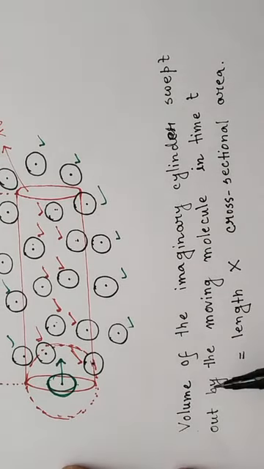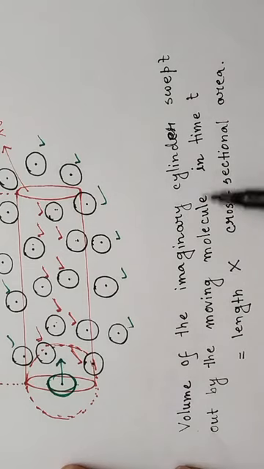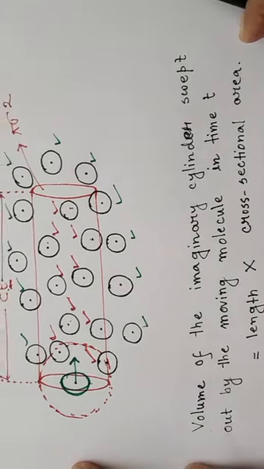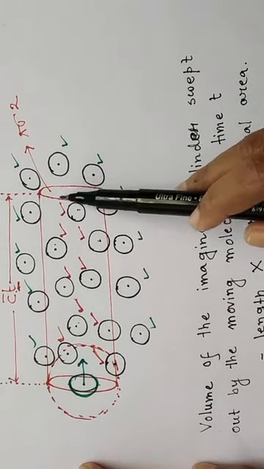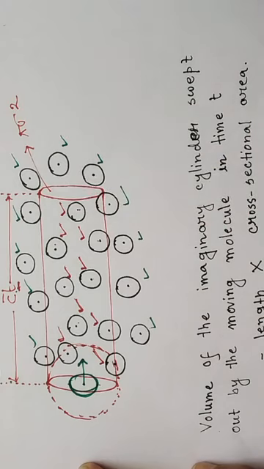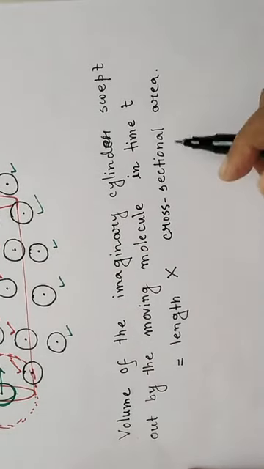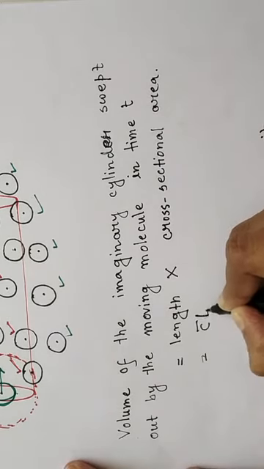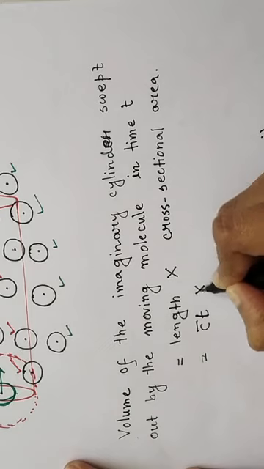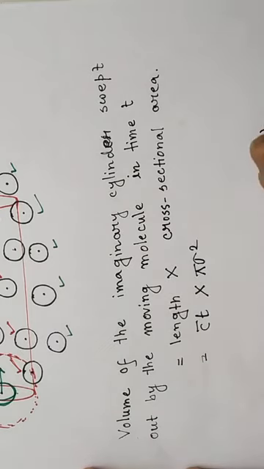The volume of the imaginary cylinder swept out by the moving molecule in time t is the length of the cylinder multiplied by its cross-sectional area. The length is c bar t and the cross-sectional area is pi sigma square.